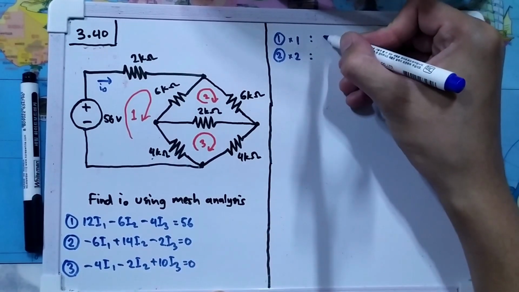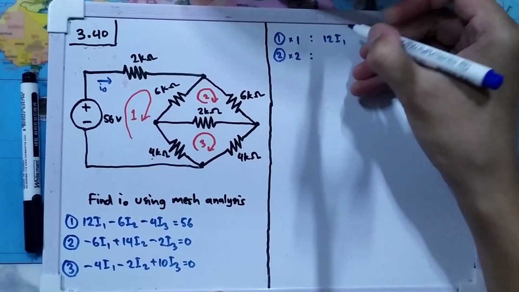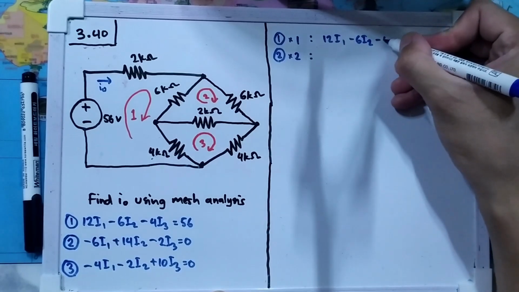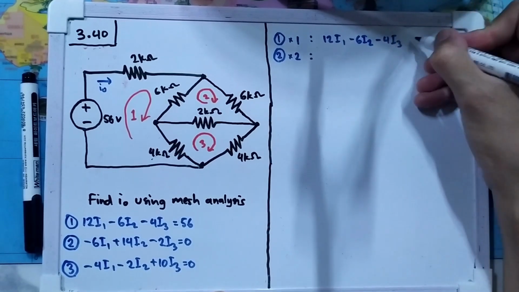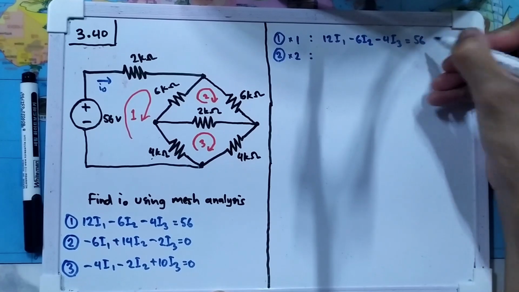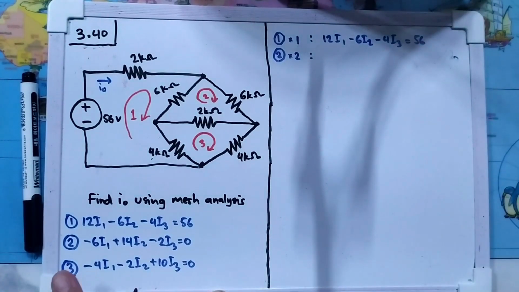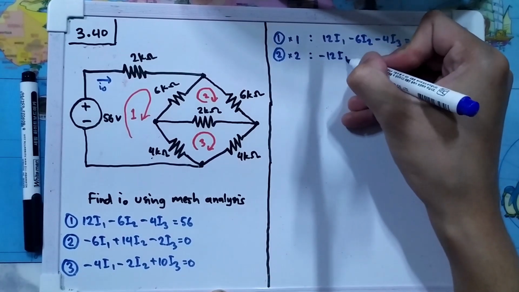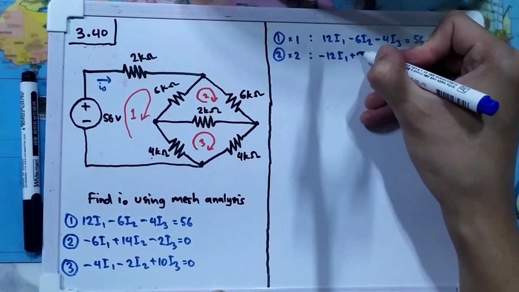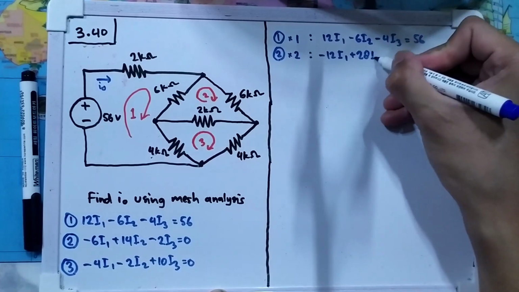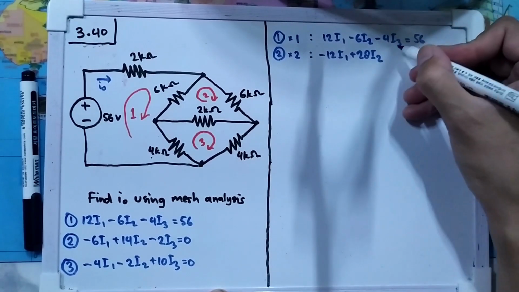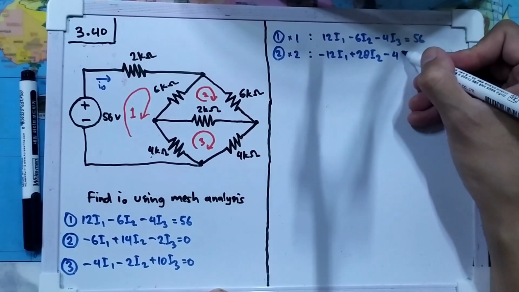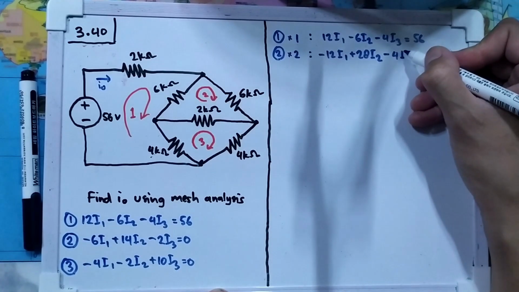So the equation 1 is 12I1 minus 6I2 minus 4I3, and that will equal to 56. Equation number 2 we multiplied by 2, so I will have minus 12I1 plus 28I2 and minus 4I3.